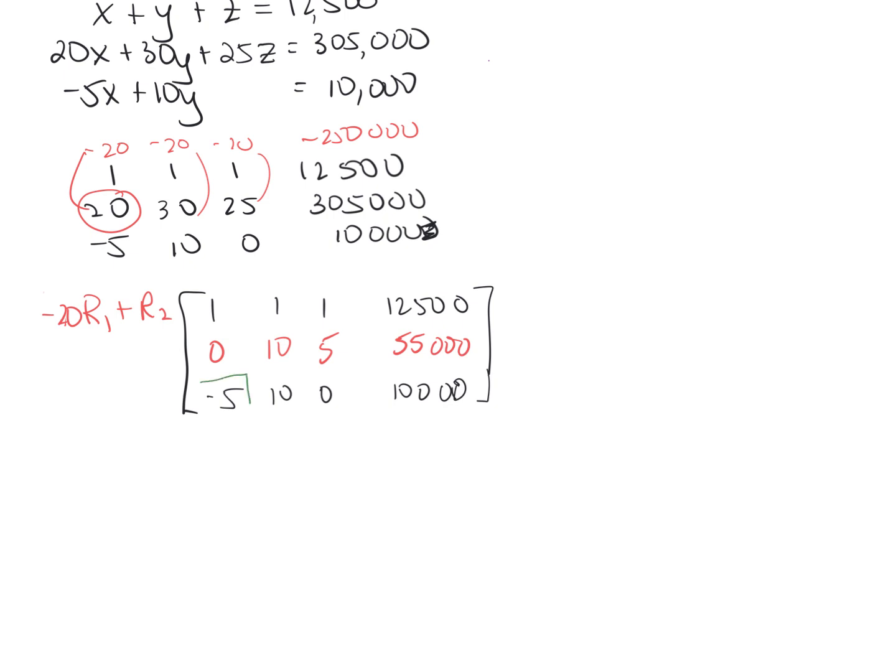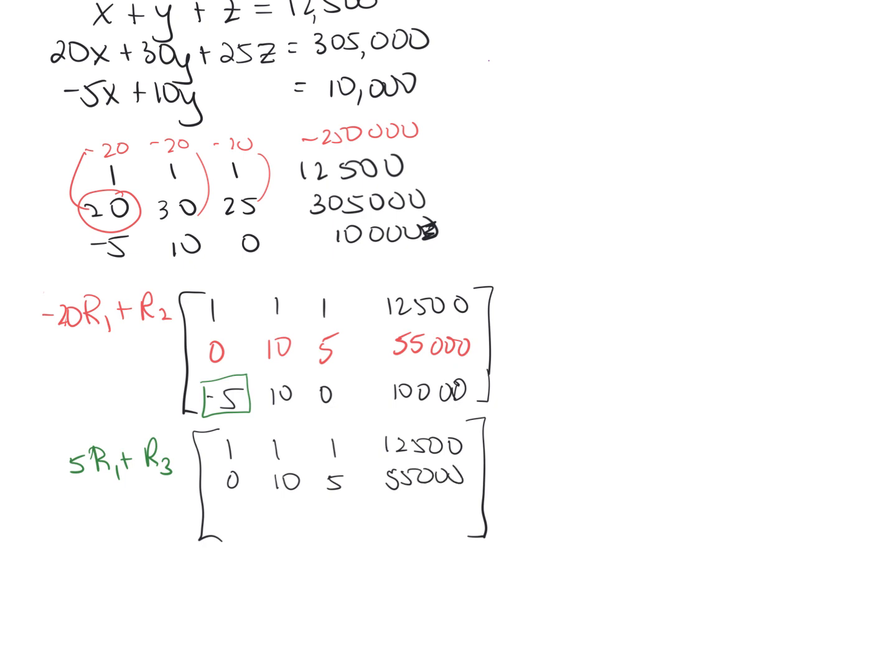Okay. For our negative 5 to become a 1, I'm going to take row 1, multiply it by positive 5, and add it to row 3. What does that do? That says 1, 1, 1, 12,500. That says 0, 10, 5, 55,000. And then we're going to have 5, 5, 5, and then 12,500 times 5 is 62,500.